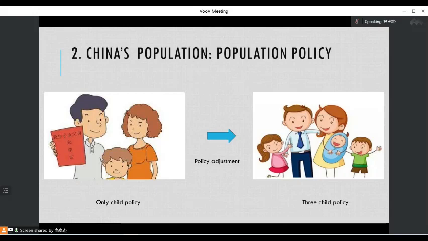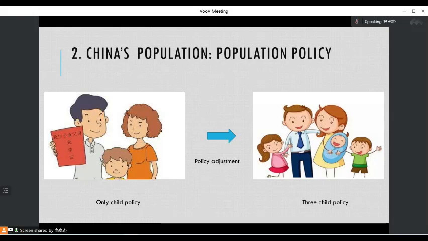This is the second issue in part one, China's population policy. Above is our summary of the features of China's population.